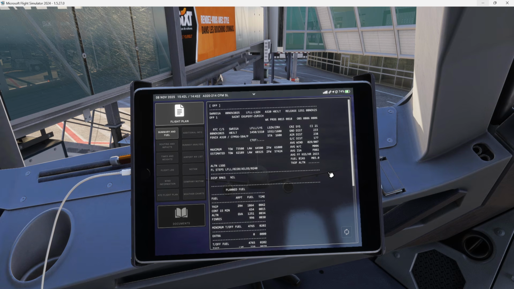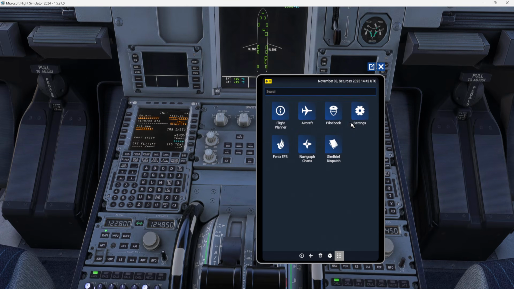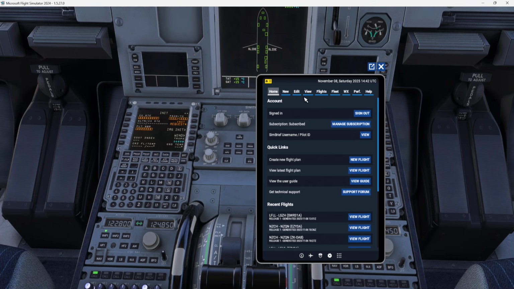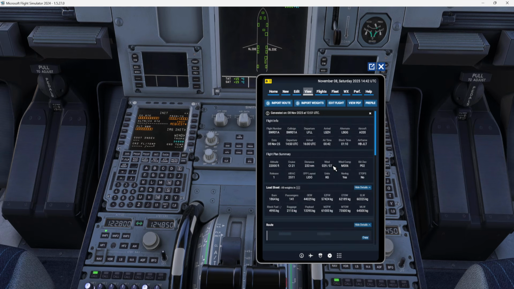So we are going from, let's do something better to enjoy, the best thing that we have is the tablet. So we are going from LFLL to LSZH. Okay, so we inserted here.